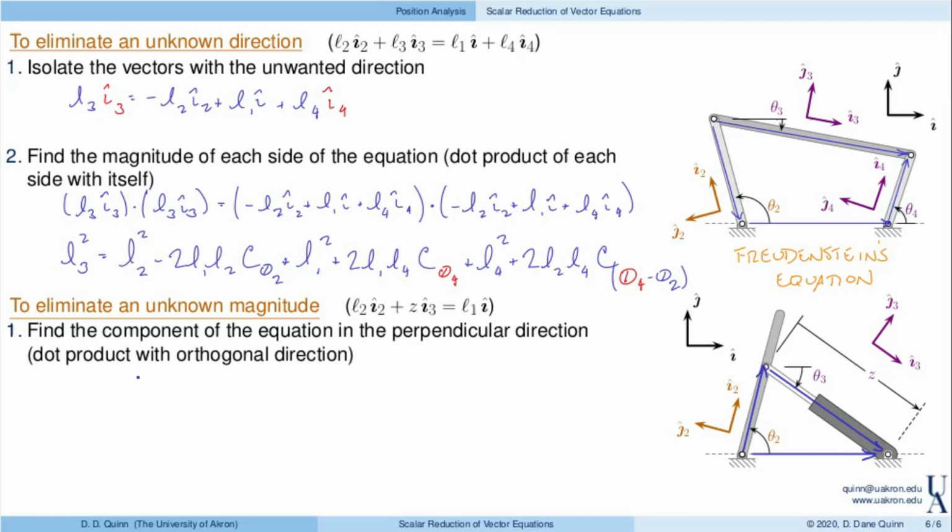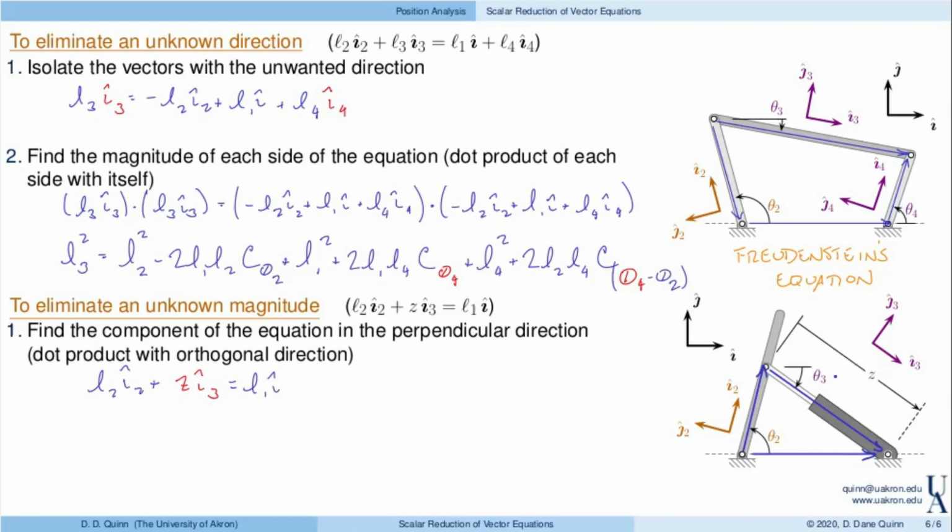So how do we do this? Well, L2 I2 plus Z I3 equals L1 I. And I recognize that I want to eliminate this length Z.